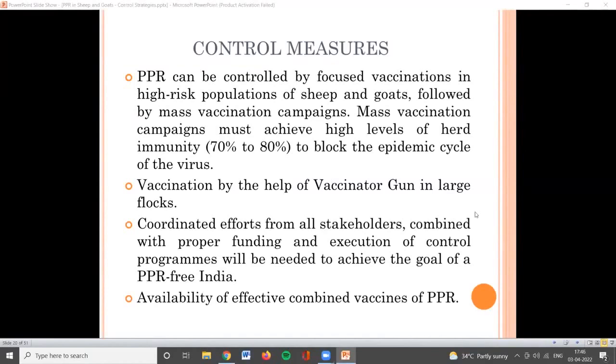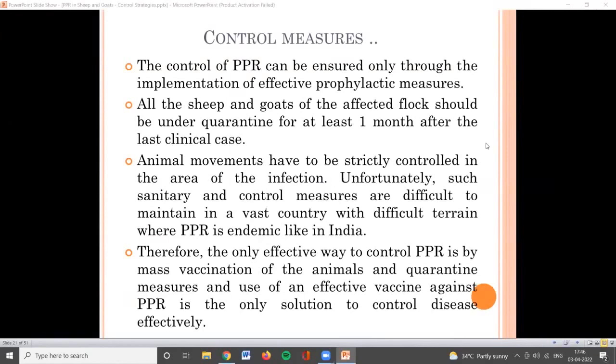If we use combined vaccines, like the PPR vaccine combined with sheep pox or goat pox, then it will be better. Control measures are very important. They could be implemented through effective prophylactic measures. The sheep and goats of the affected flock should be quarantined for at least 21 to 28 days after the last clinical case.